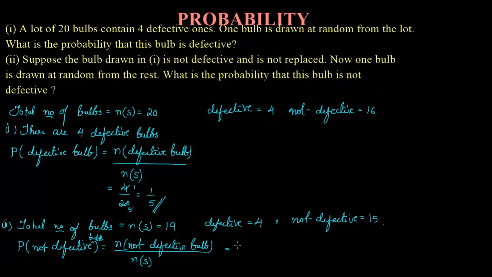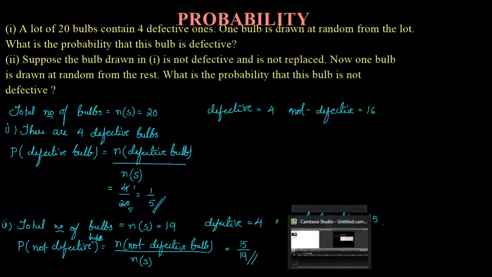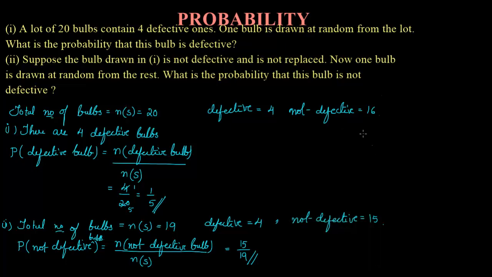Okay, so how many total number of bulbs are there which are not defective? It is 15 divided by, it is 19, right? Total number have been reduced to 19, right? So 15 by 19 is the probability of getting a not defective bulb when it has not been replaced, one bulb has been taken or drawn from this lot. Okay, so this is the answer.